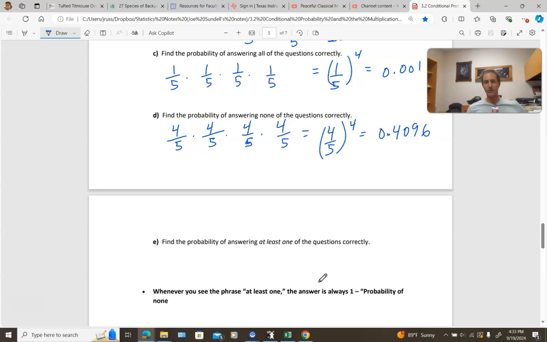Okay, one correctly, or two correctly, or three correctly, or anyway. So we can utilize the complement here. So the probability of answering at least one of the questions correctly. No, actually, I think I said that wrong. No, this is the complement to answering none of them correctly.